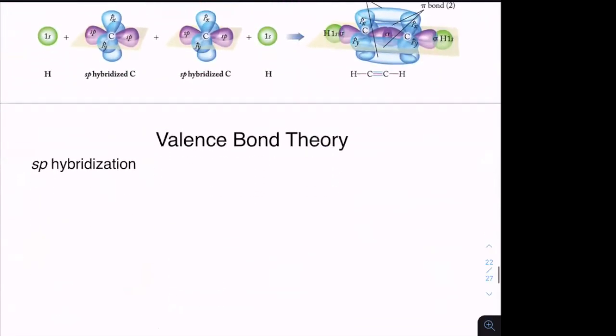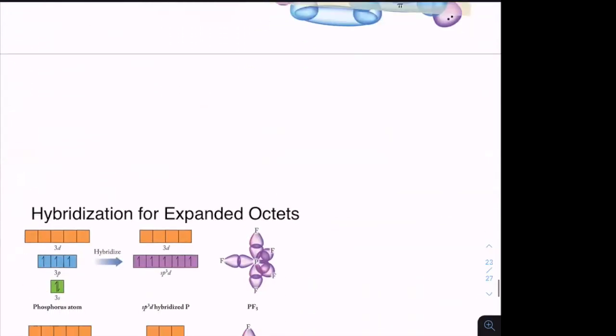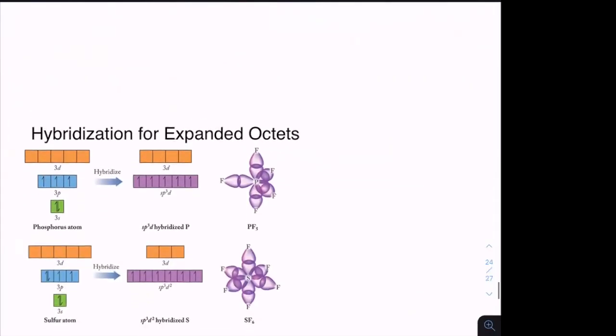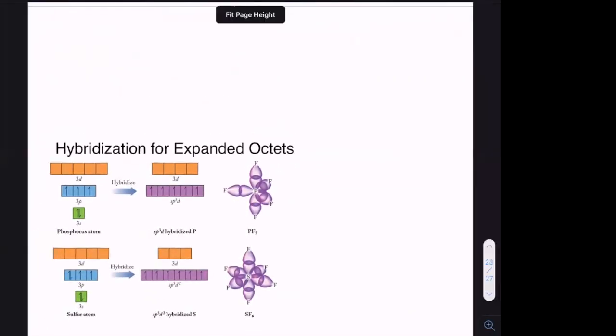All right, so let's just go on to this slide here. All right. So I already mentioned to you one of the trends that we found in going through these, that the steric number, and we know what the steric number is, but I'll just go ahead and remind you. That's the number of bonded atoms plus the lone pairs.